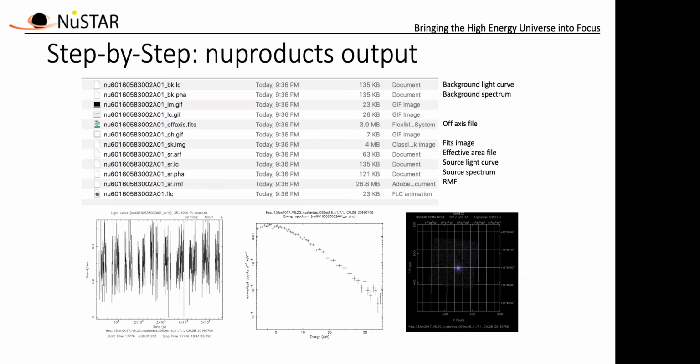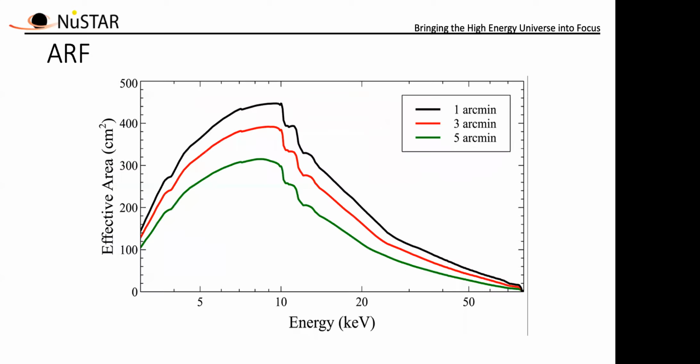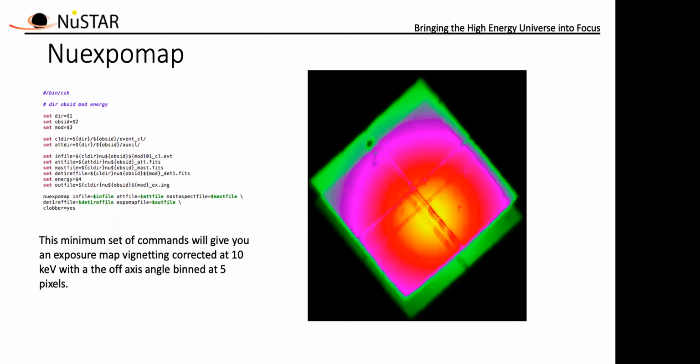So here's the effective area. Matteo mentioned that as a function of off-axis angle, it changes. That's why if you have an extended source, you need to know about the exposure map. What the exposure map does is tell you how much time each part of the detector spent looking at a specific off-axis angle.